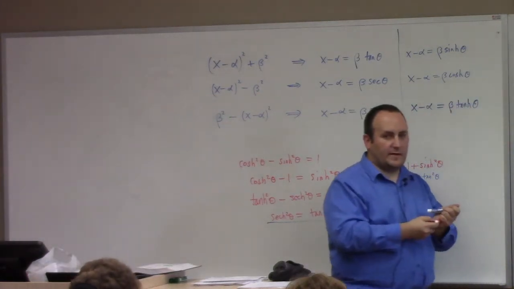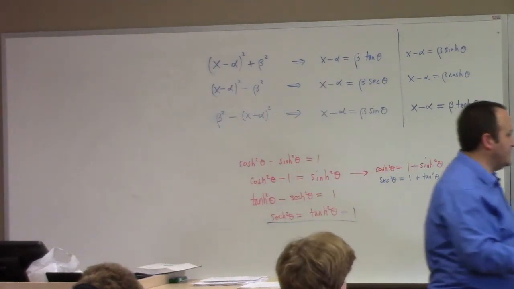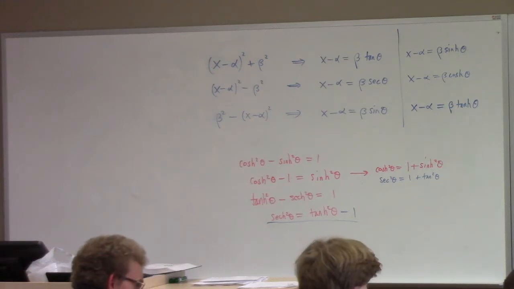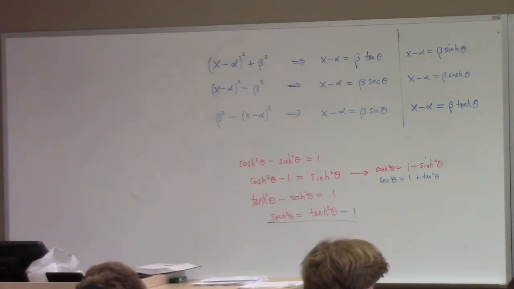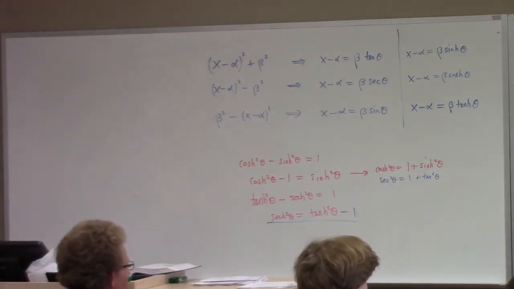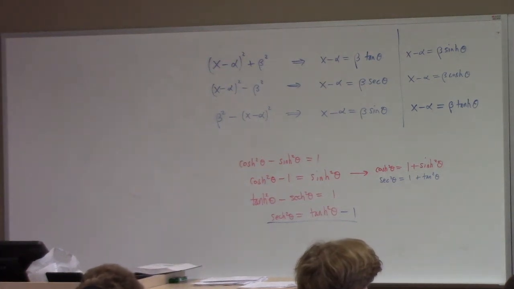So do you guys want to do hyperbolic or trigonometric for this one? Trigonometric? All right. So what would that be then? X subtract 3 equals sine theta. I heard a square root of 5 sine theta? Right. Good. Yes, root 5.